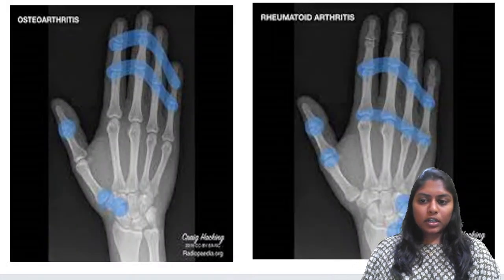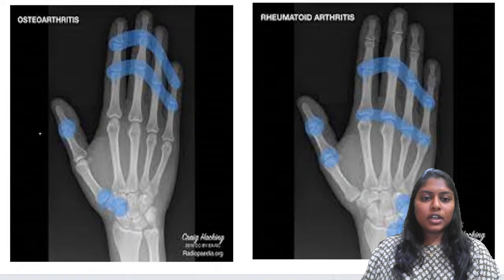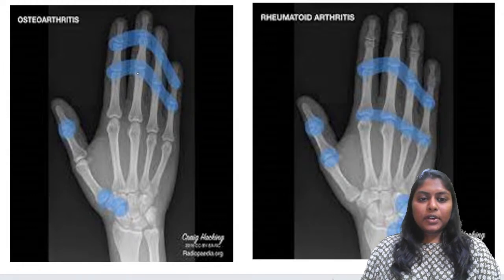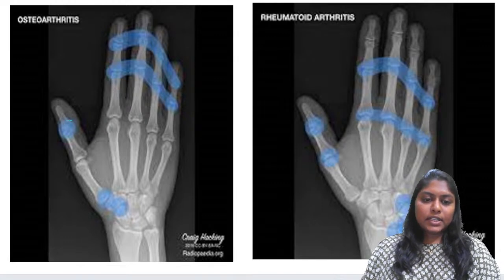Coming to an overall view of areas where osteoarthritis is more involved and rheumatoid arthritis is more involved.